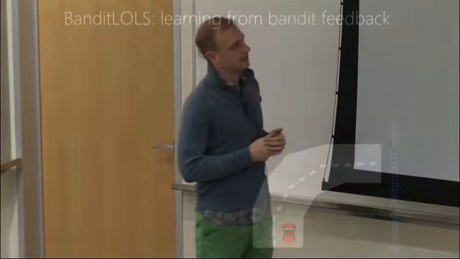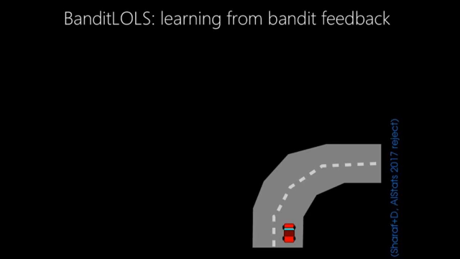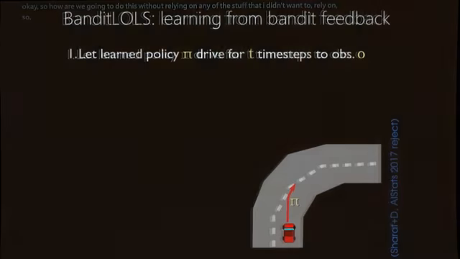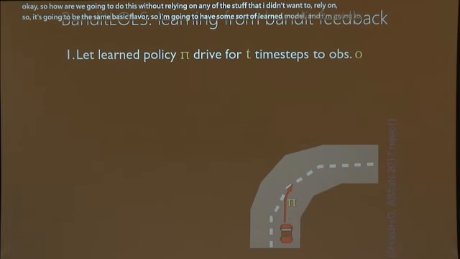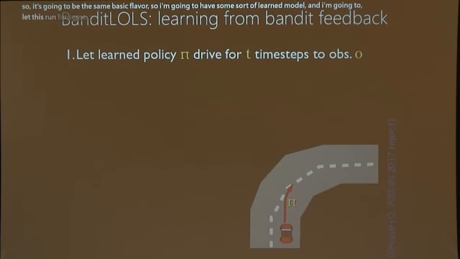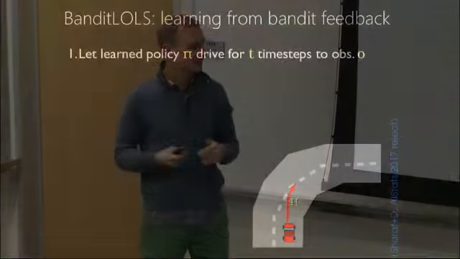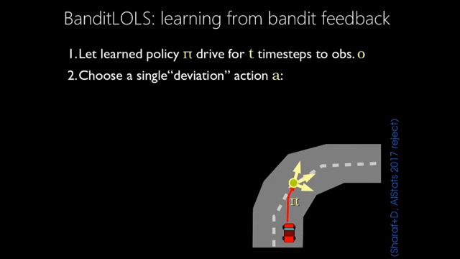Okay, so how are we going to do this without relying on any of the stuff that I didn't want to rely on? It's going to be the same basic flavor. I'm going to have some sort of learned model, and I'm going to let this run for some number of steps. If you want to think about translation, I'm going to let it translate the first 5 words. Then I'm going to stop it, and I'm going to look at the actions I can take at this point in time.